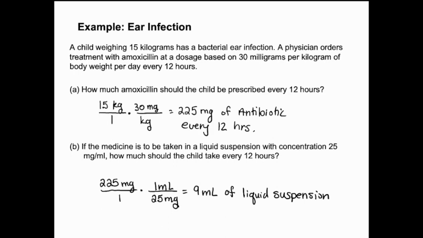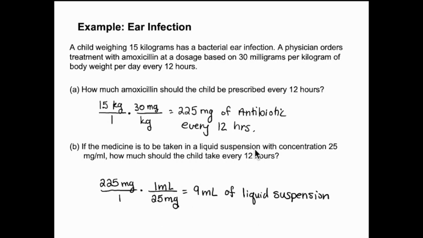So for every milliliter of the liquid, there's going to be 25 milligrams of the medication. We know that the child needs 225 milligrams every 12 hours. So we need to take 225 milligrams and change it into the amount of antibiotic in the suspension.